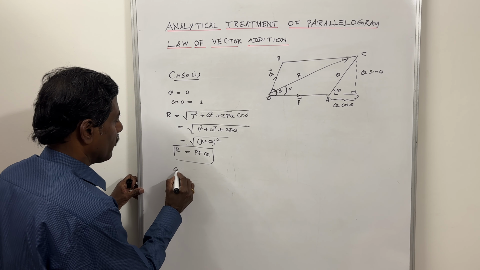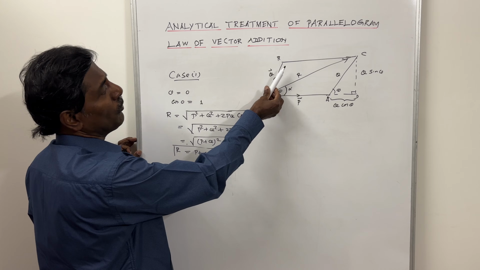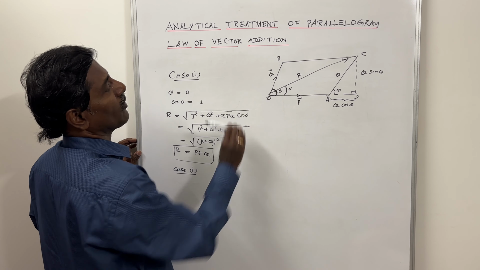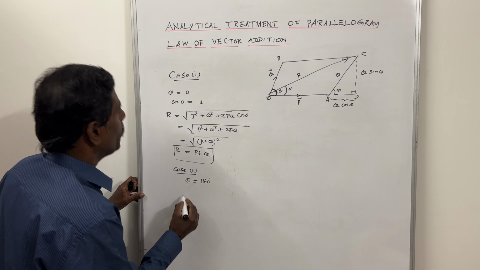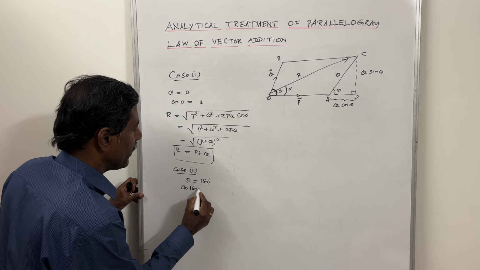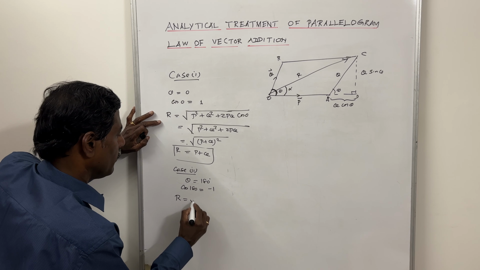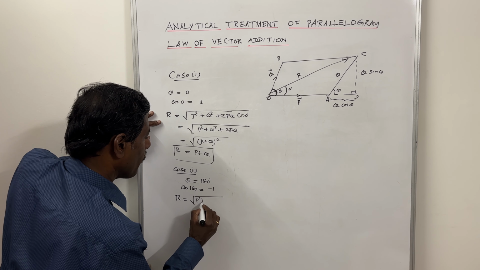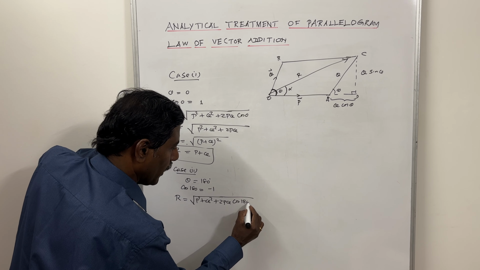Now case 2. If the Q vector lies opposite to the direction of P, then theta will become 180. So here cos 180 will become minus 1. So now the resultant magnitude is root of P square plus Q square plus 2PQ cos 180.